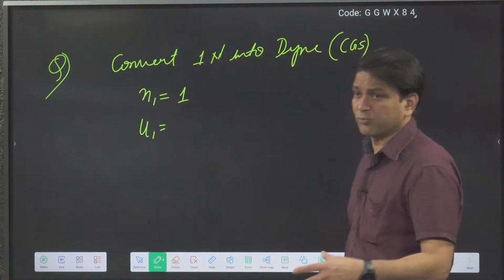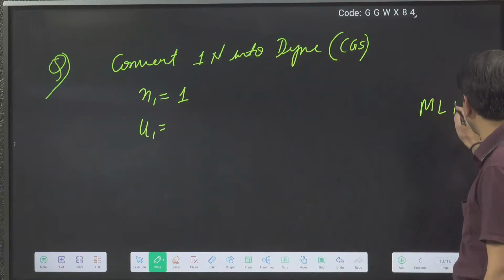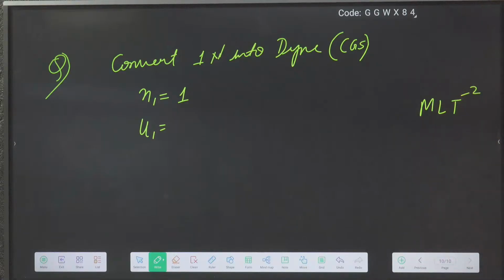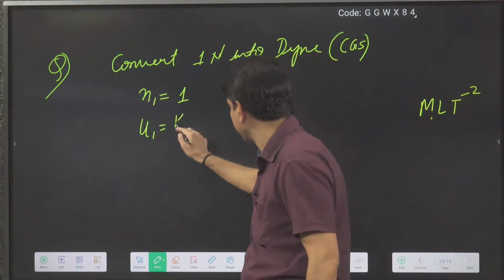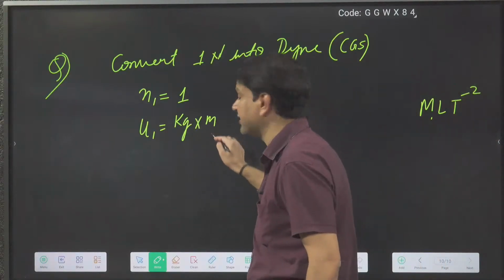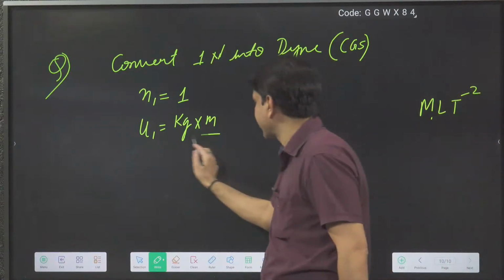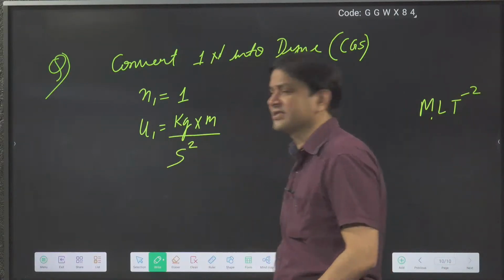U1 is the Newton, but what I said, we will write the dimension first. Dimension of force is MLT minus 2. Now M, what will I put? Kg. L, I will put meter, because SI unit and MKS unit are the same, and T minus 2, I will put second square. So this is U1.